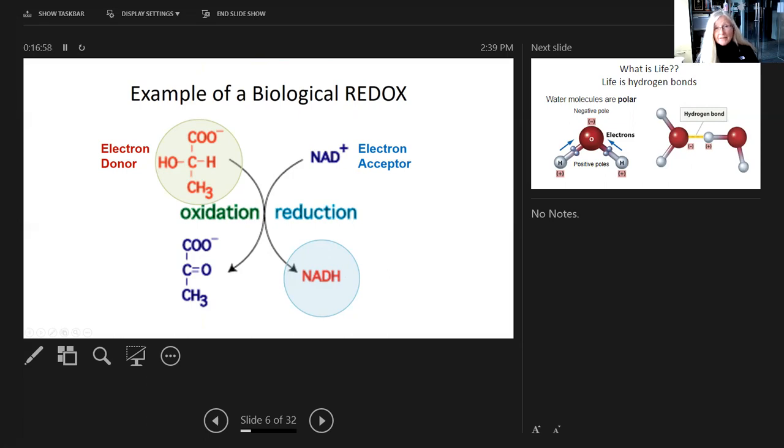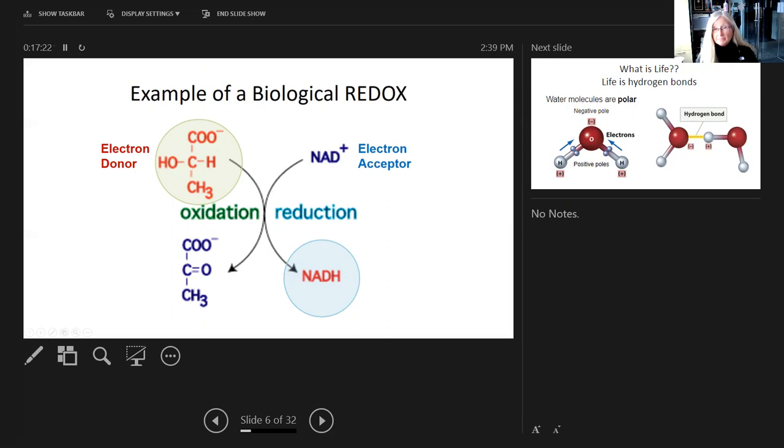So lactate gets oxidized, forming, this is pyruvic acid, by the way, if you wanted to know the name of that organic compound. So lactate is oxidized to form pyruvate, and this electron, which is here with this hydrogen, is transferred to NAD, and NADH is produced chemically.